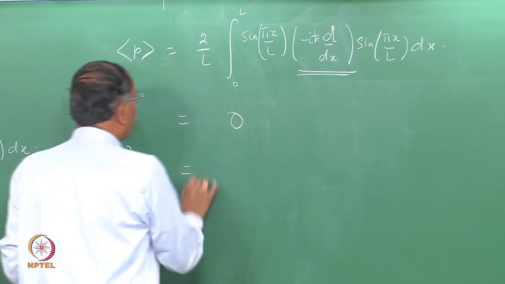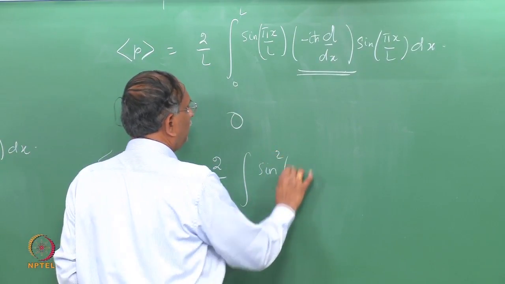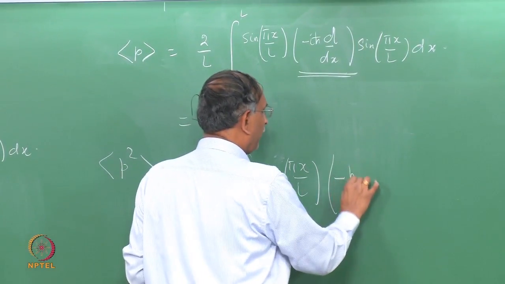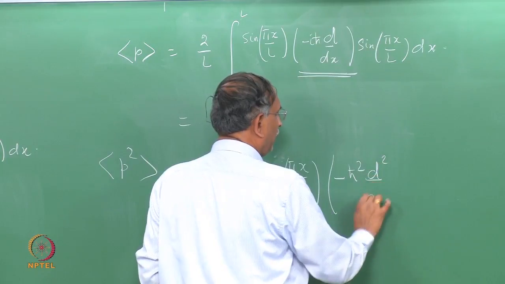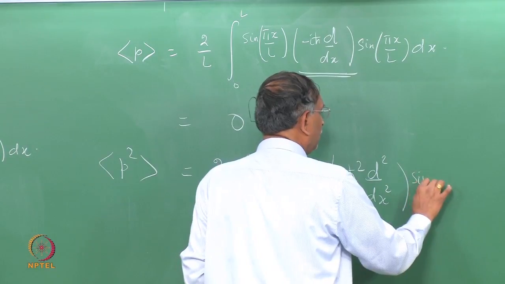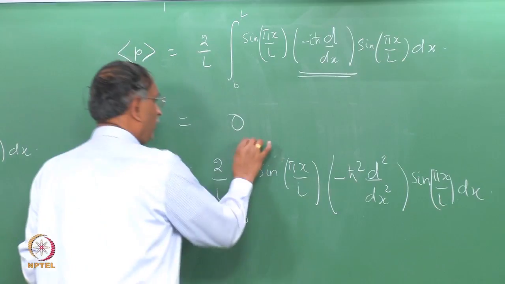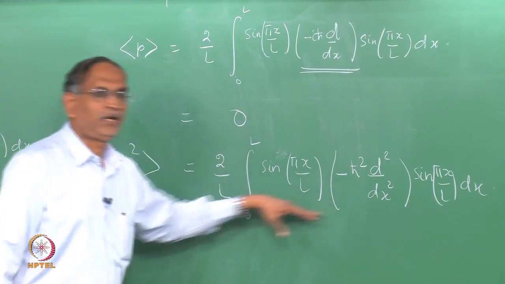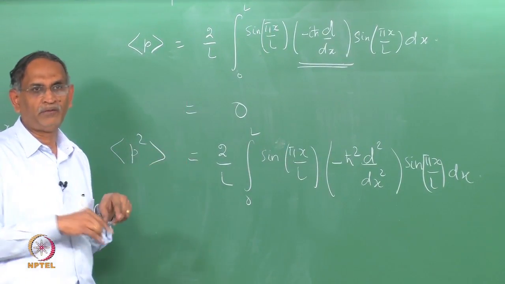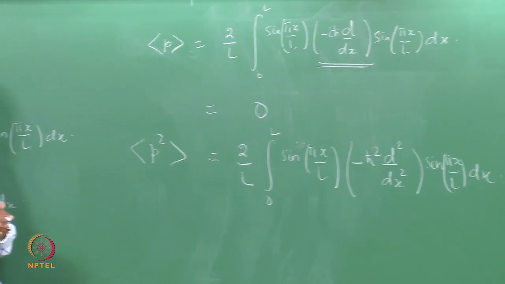What about the average value of p squared? The average value of p square is given by 2 by L again, sine pi x by L, and now you remember it is minus h bar square d square by dx square for the operator p square, acting on sine pi x by L dx, between 0 and L. I did not write the denominator because we have chosen the wave function such that the integral of the square of the wave function is 1 in the entire region.